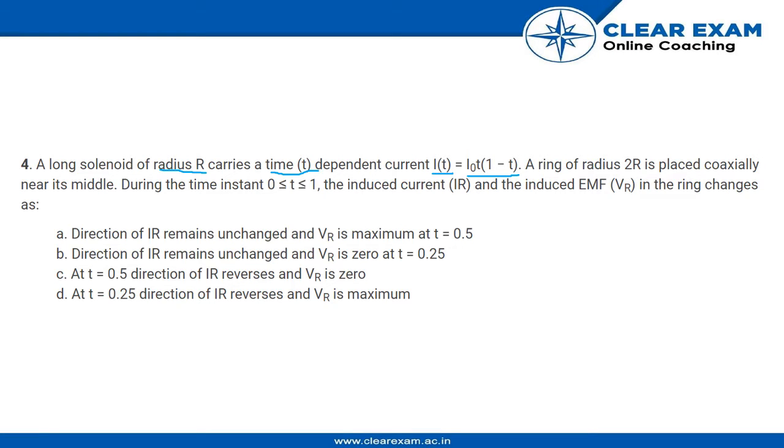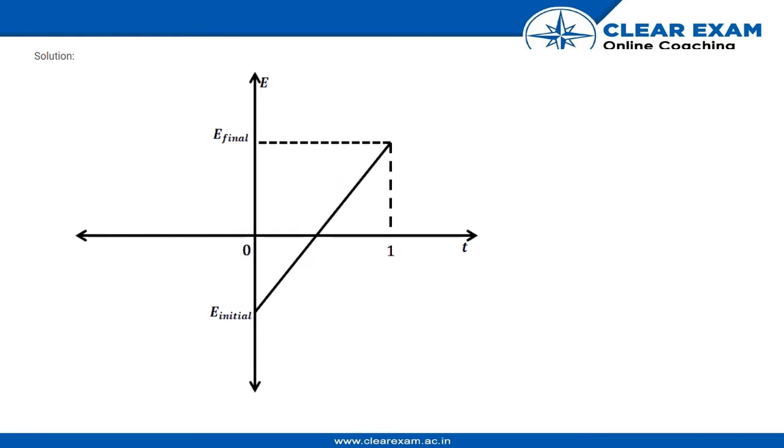A ring of radius 2r is placed coaxially near its middle. During the time instant, that is t between 0 to 1, the induced current I_R and the induced EMF V_R in the ring change as follows. Now this graph is going to be made.